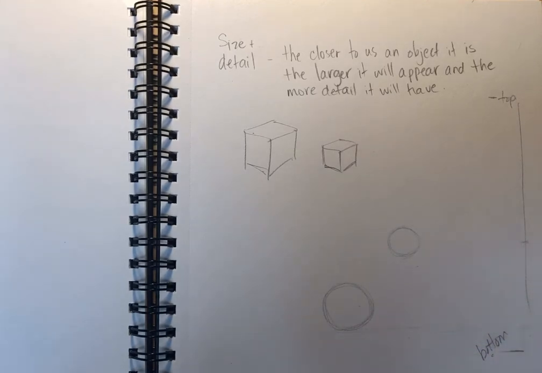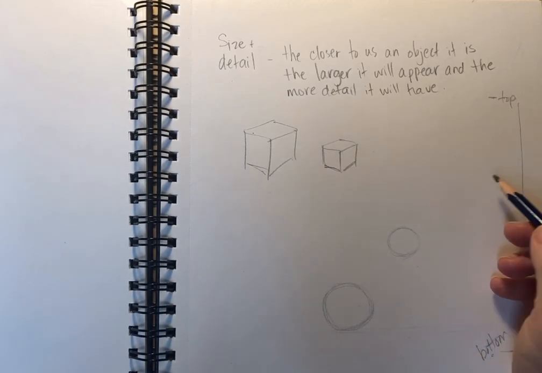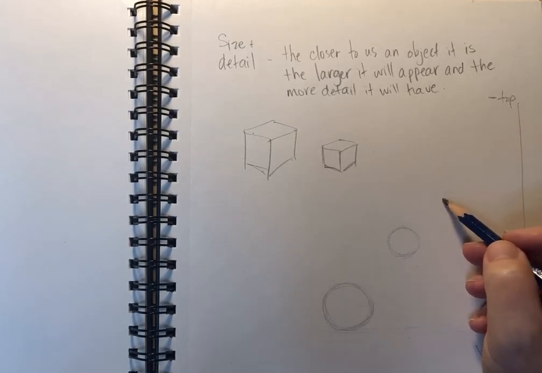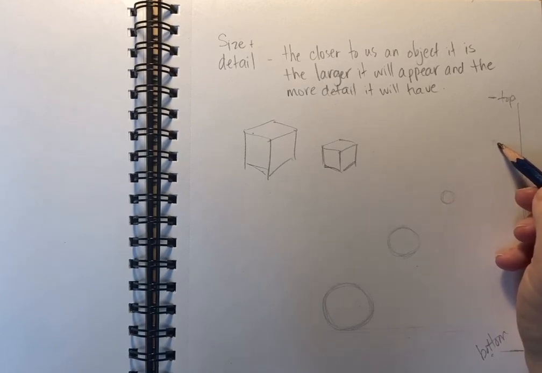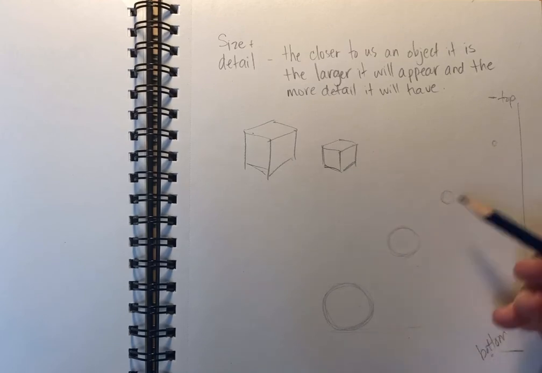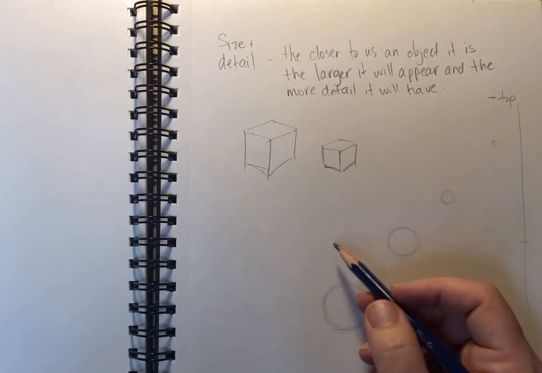So the illusion is getting stronger. And then again, if I wanted to do one behind it, I go further up to the top and I'll do it even smaller. And then finally, the farthest one is going to be even smaller. And again, as I mentioned, it does not have to follow a diagonal. I'm just doing this because it's easy.